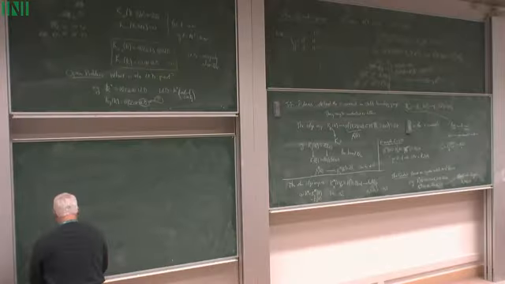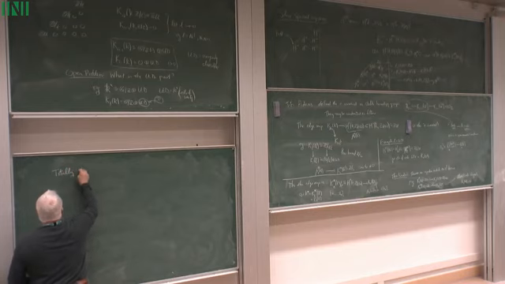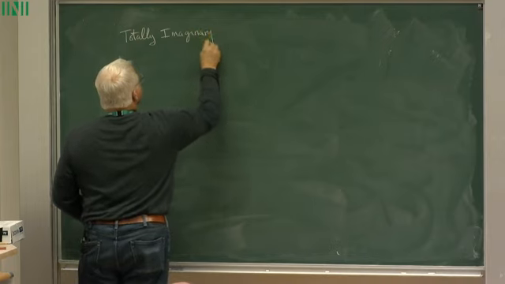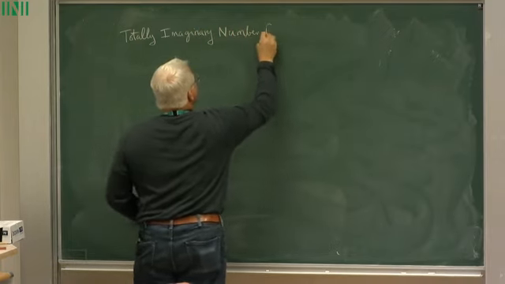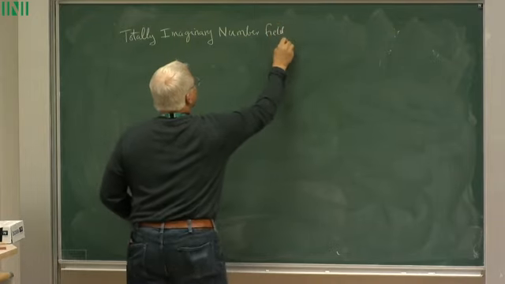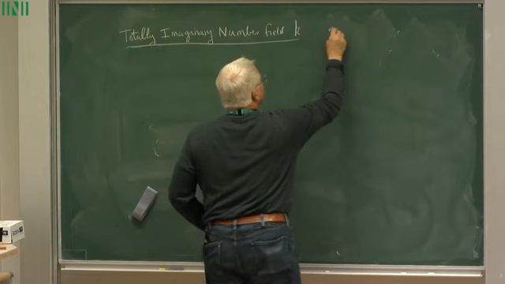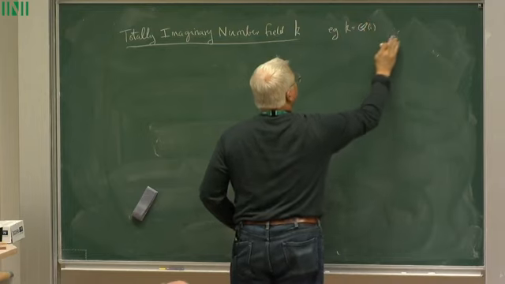So let's choose a totally imaginary number field. For example, I could take the Gaussian rationals.